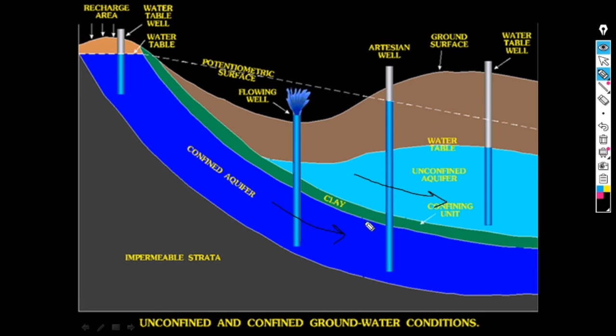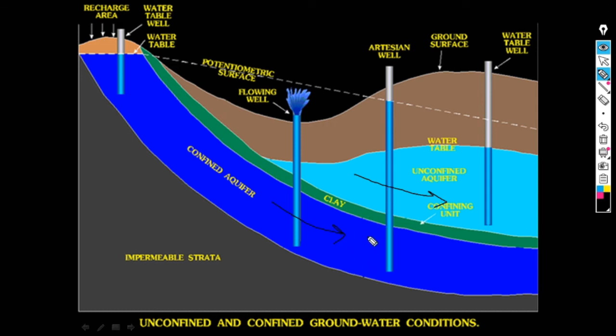Okay, now this clay is a confining strata, confining unit, that is the water from here is not allowed to percolate down. Okay, so water is restricted in this portion only. Now this confining strata, again there is an aquifer beneath this confining strata.